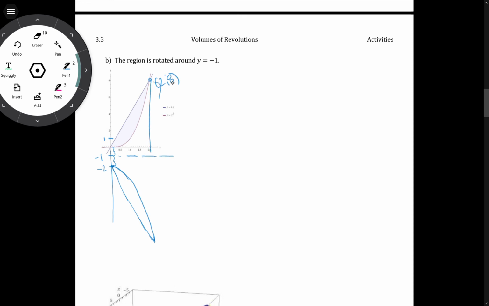So this is 9 units up, which means this should be 9 units down. 9 units down from negative 1 is negative 10. And it's going to look somewhat similar, but the radius has gotten a little bigger for this outer piece. Outer is still a perfect cone.